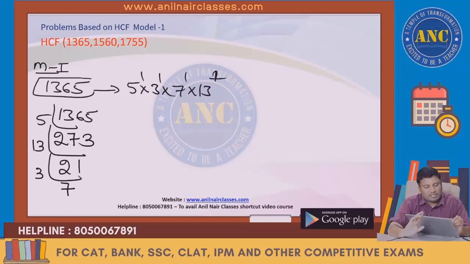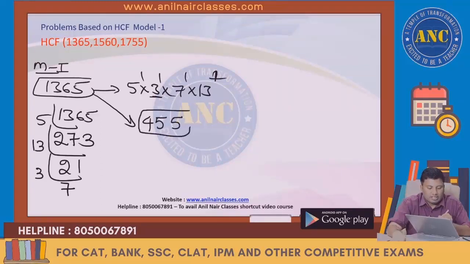After 1365, what is the next factor? If you want the next factor, divide by the smallest number. 1365 divided by 3 is 455. Does 455 divide 1560? 455 into 4 is 1820, so not possible.